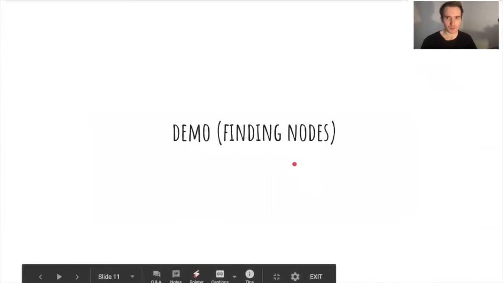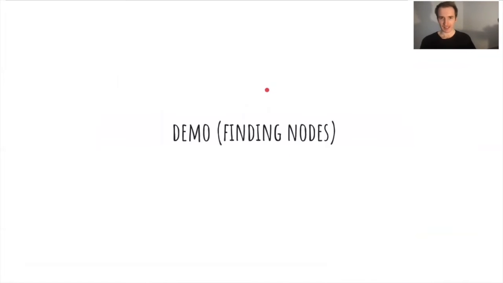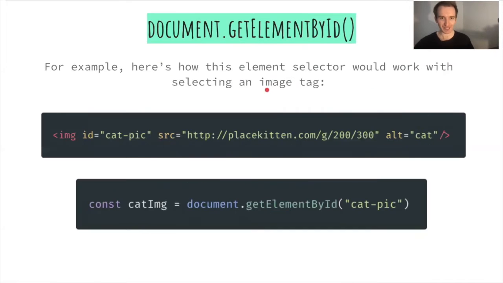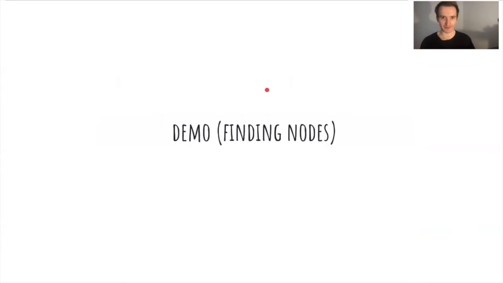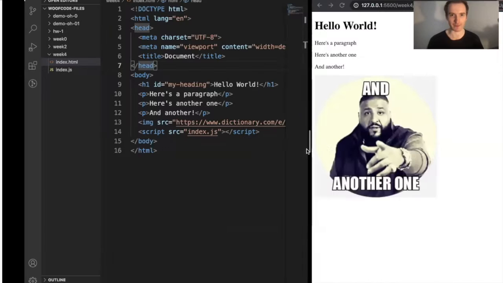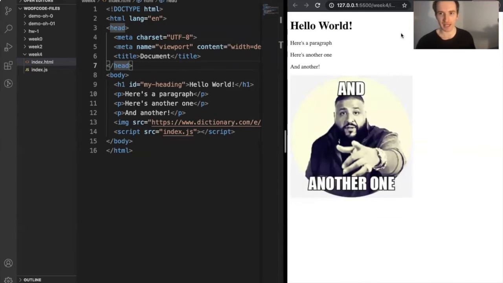So I want to do a little example of how we do this, because it's not grounded enough for us to fully grasp this, I think. So it'll help just to do a little bit of an example. Here I have some HTML that I wrote previously. Really simple page.